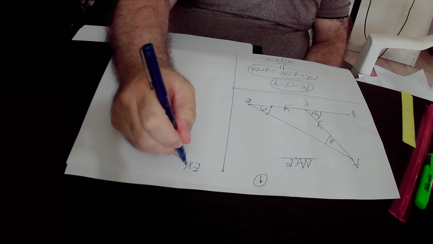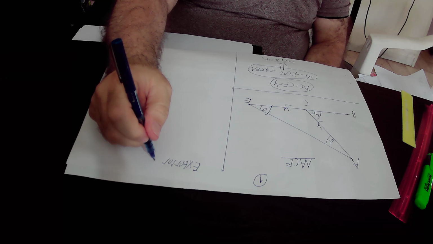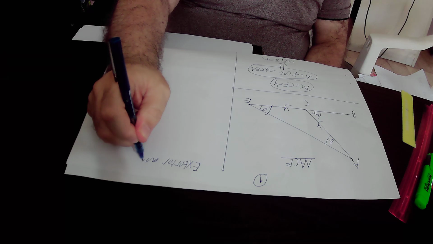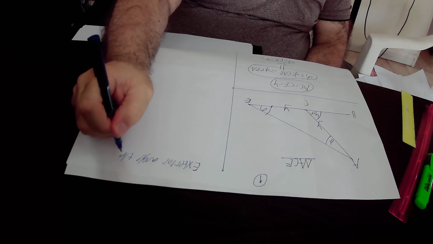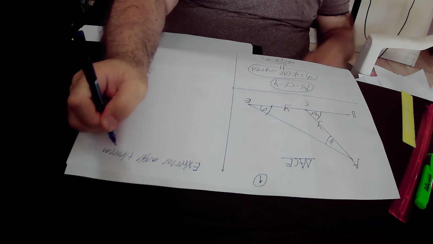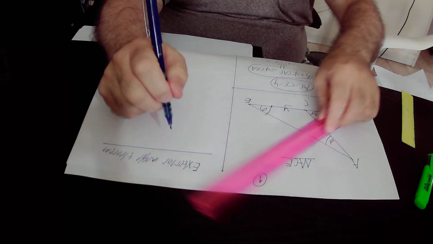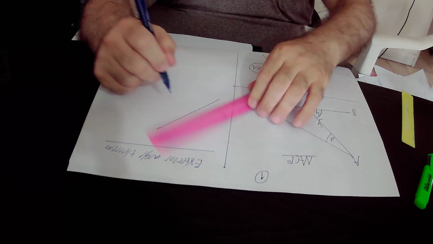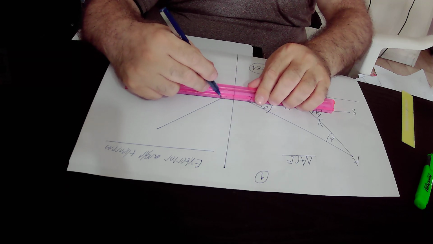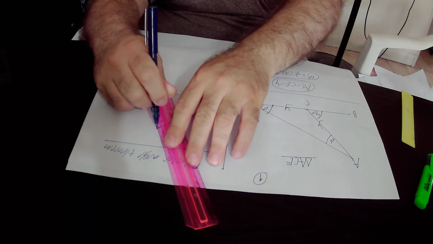What is the exterior angle theorem? The exterior angle theorem is true in any triangle. So here we have triangle ABC that could be any triangle.